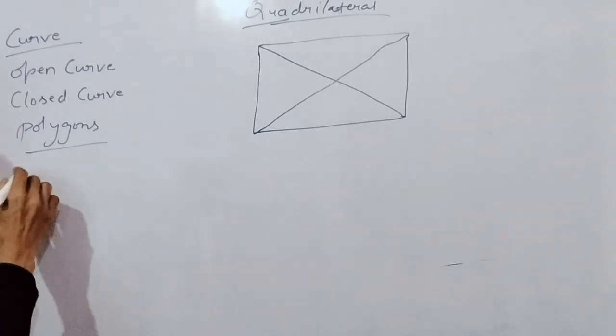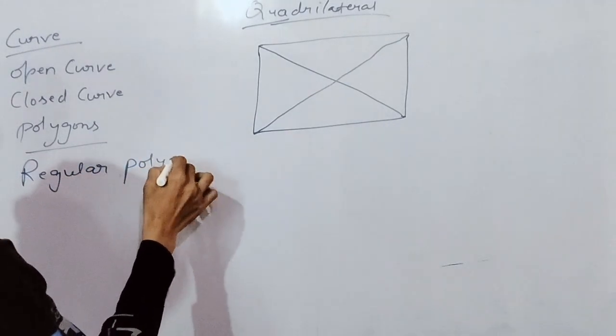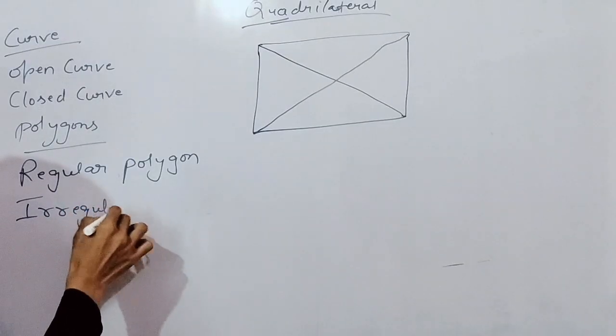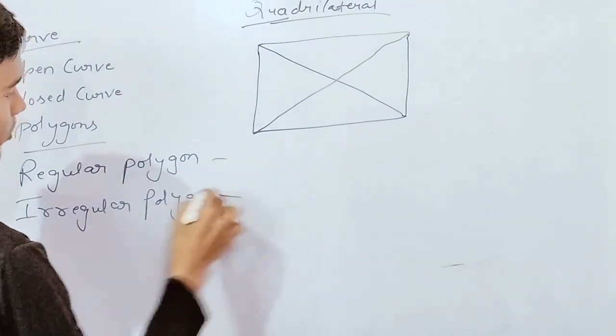Now let's understand regular polygon and irregular polygon. What's the difference between them?